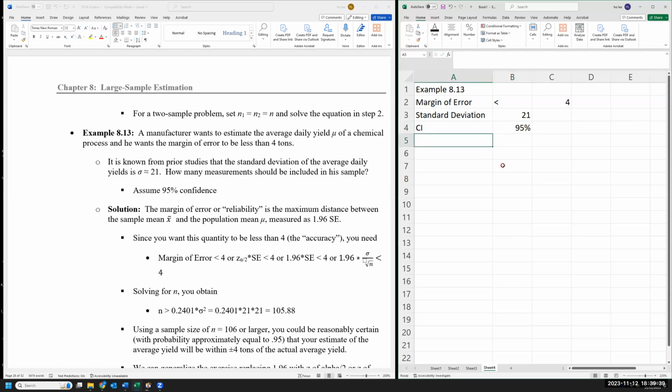Okay. So here we're talking about the average daily yield mu, so this is only a one population issue. And we're going to use the following formula. So let's solve it out together.